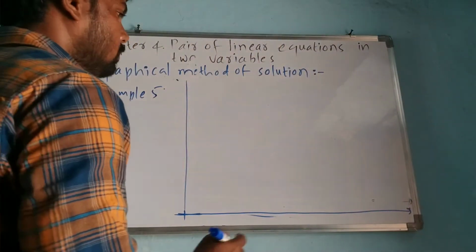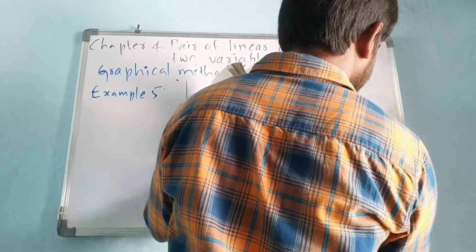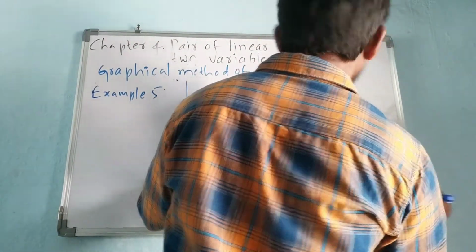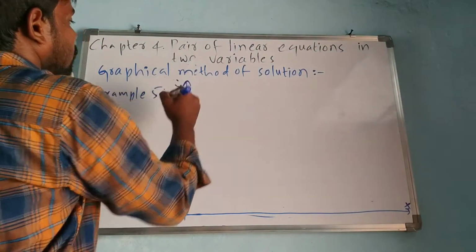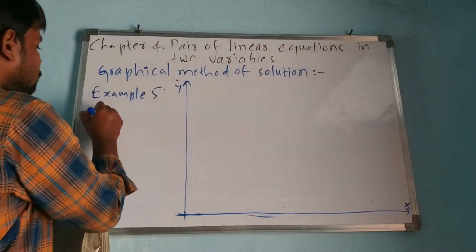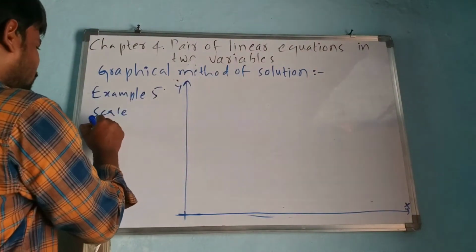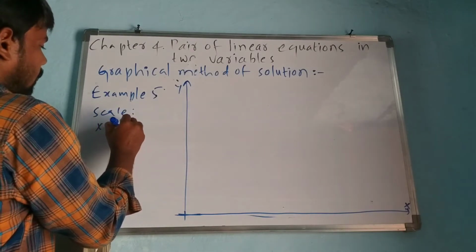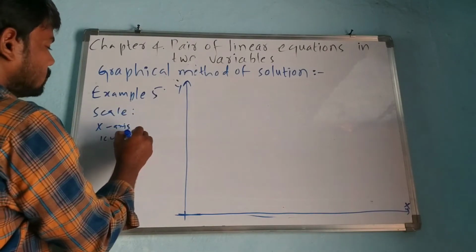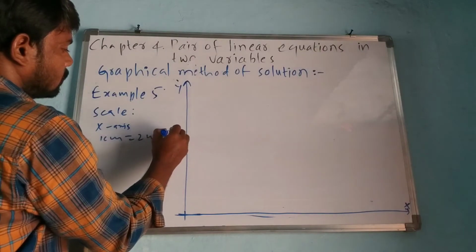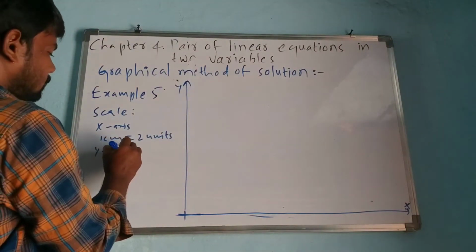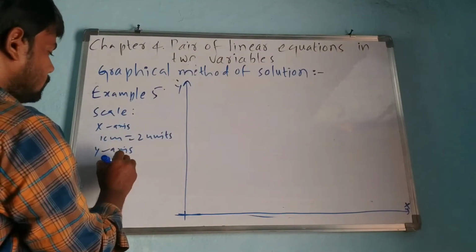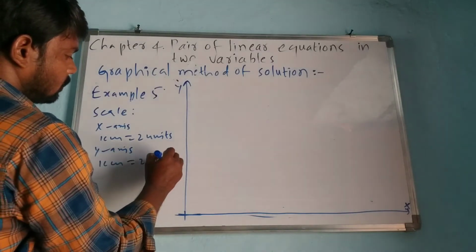So okay, this is the x-axis and this is the y-axis. Scale is x-axis 1 centimeter is 2 units and y-axis 1 centimeter is 2 units.